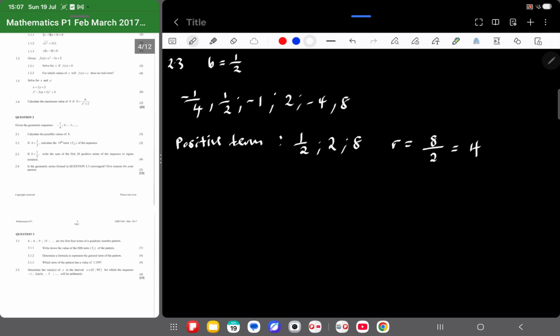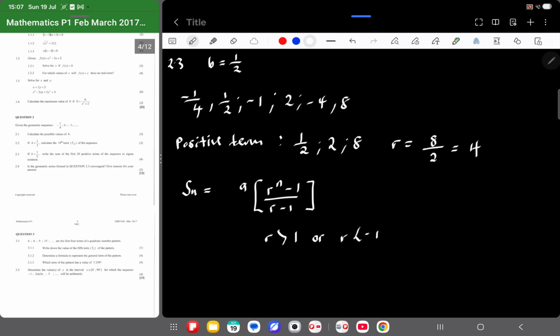And then we know that Sn equals a times r to the power of n minus 1 over r minus 1 when r is bigger than 1 or r is less than -1.